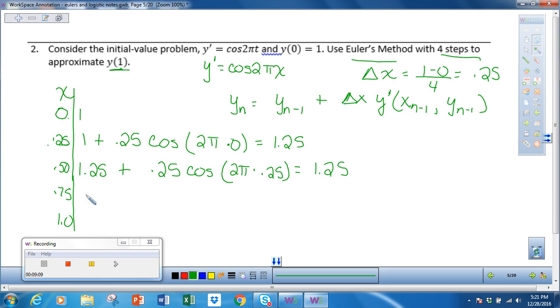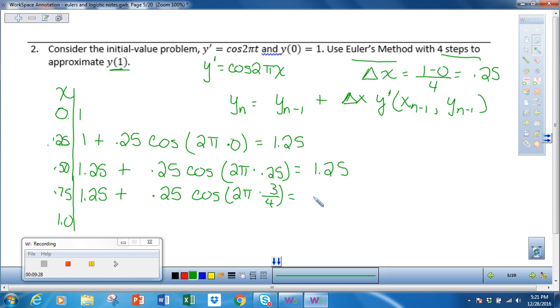Okay, I take my previous y plus 0.25, that's my delta x, cosine of 2 pi times, I'm going to write this as 3 over 4, the same as 0.75. But writing it as a fraction makes it easier because then I can write this as 3 pi over 2, and cosine of 3 pi over 2 is -1.